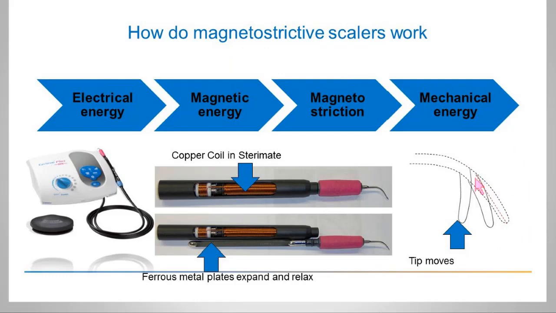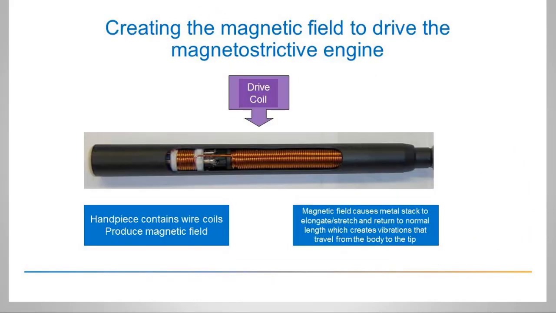So then the tip moves. So what you can see here is the handpiece containing the wire coils, which produces the magnetic field. The magnetic field causes the metal stack to elongate and stretch and return to normal length, which creates the vibrations that travel from the body to the tip.